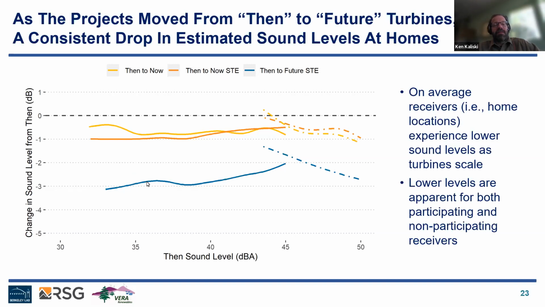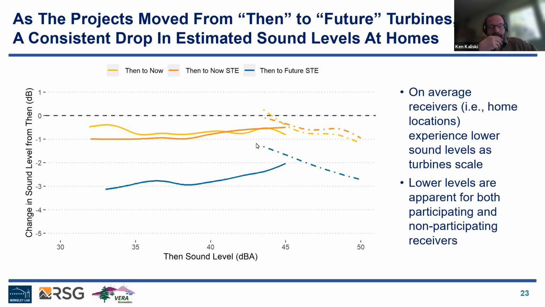So we can see for sure that the average sound level for people who were experiencing the lower end of the impacts are improving by about 3 decibels. But we also wanted to see, does this hold true for those who were receiving the highest sound levels?